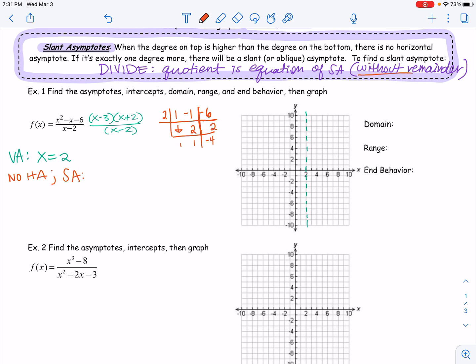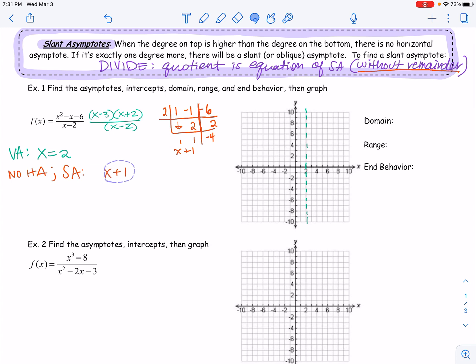Remember, I'm not worried about the remainder. So all I want here is x plus 1. Let me write y equals x plus 1. That is my slant asymptote. You should know by now, as a sophomore or a junior in high school, how to graph that line.